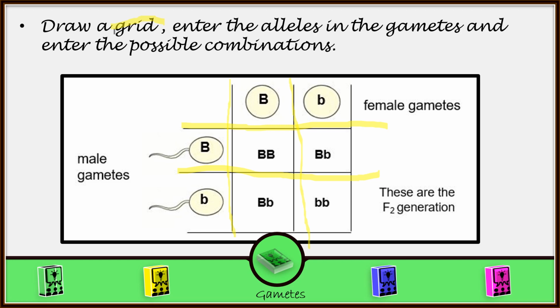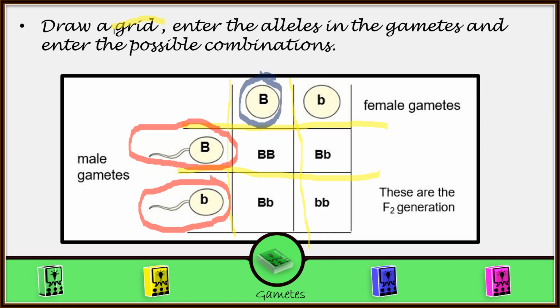Enter the alleles in the gametes and enter the possible combinations. So after drawing the grid, you enter the gametes. You enter the gametes here, and here you enter the gametes the way we have done it. Then you enter the female gametes in that corner. And after that, you carry out the combination.